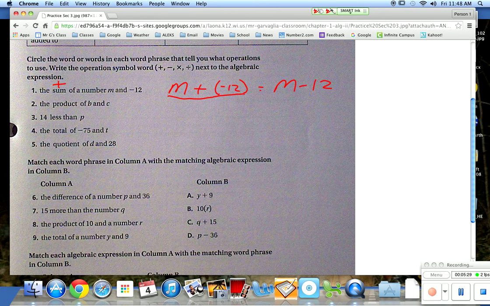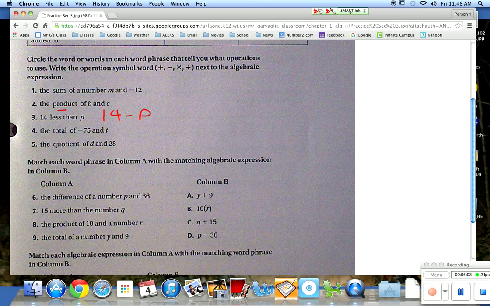What is the product? Multiplication, right? Times. So we put a times above it. B and C. B times C. 14 less than. What's less than? Minus. Put a minus above it. 14 minus P. Yes.